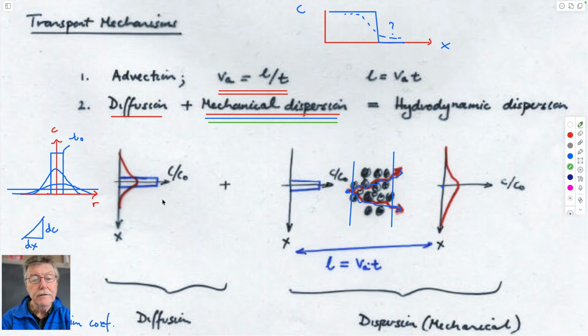We'll find that Fick's law really only acts as Brownian motion if the water is stagnant. If the water is not stagnant, then we get something that looks like Fick's law, this so-called mechanical dispersion, but is really a different mechanism that just happens to look like it: the blue skyscraper turning into a red mound as we go from location to location downstream, whereas before we had it within a beaker that wasn't moving.